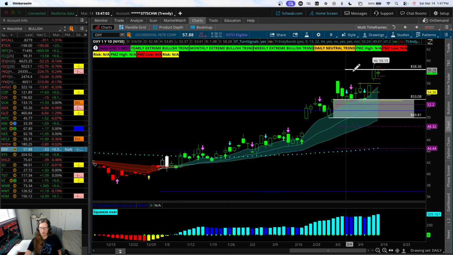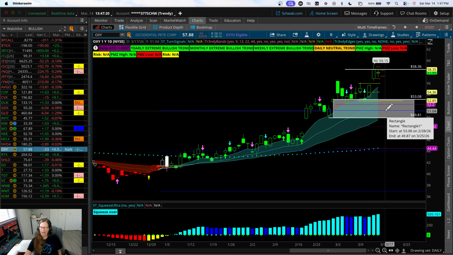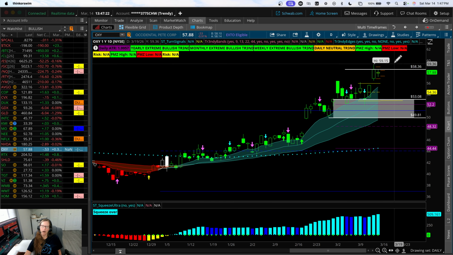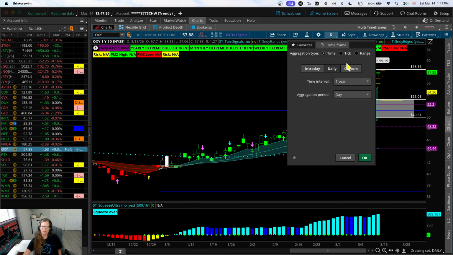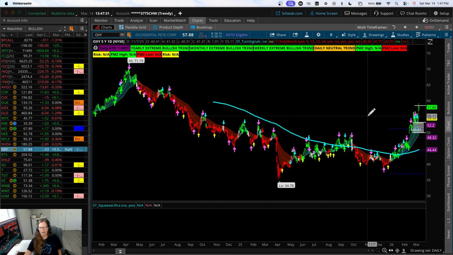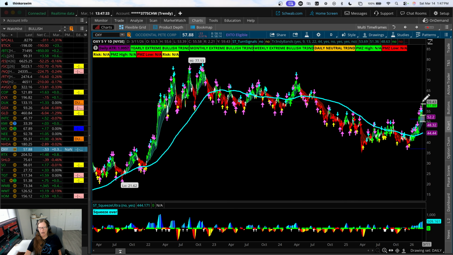As far as targets go, 58.36 is your upper weekly edge, playing this trade edge to edge over next week would be a nice $5 return right there for a risk of $3.5. Not bad.